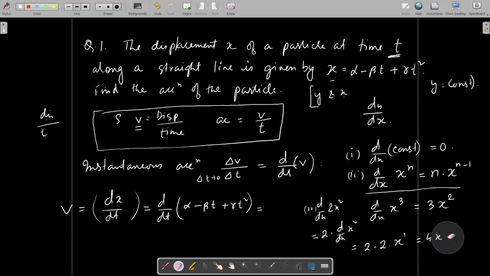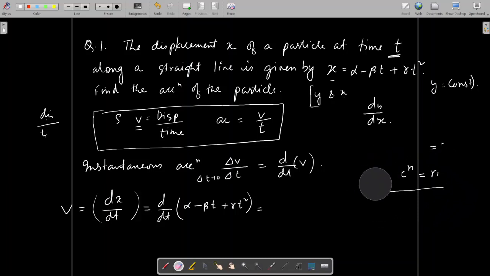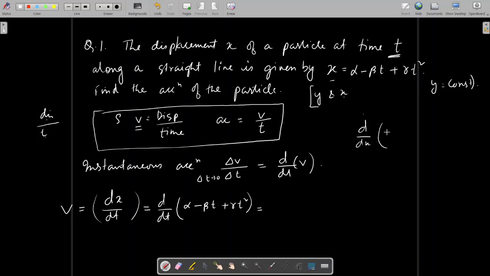One more thing. If there is something like d/dx of x cube plus 2x square, your differentiation will simply be algebraic: d/dx of x cube plus d/dx of 2x square.